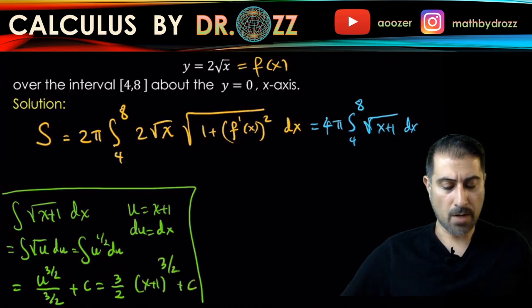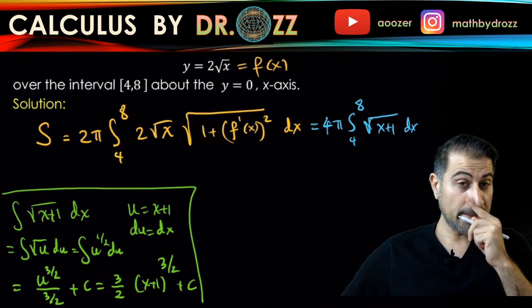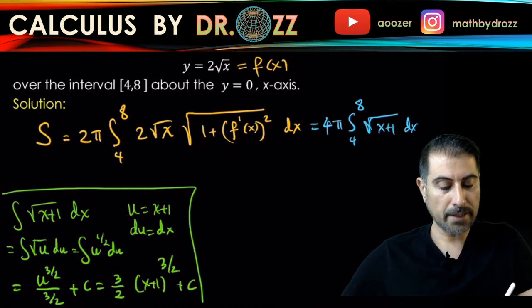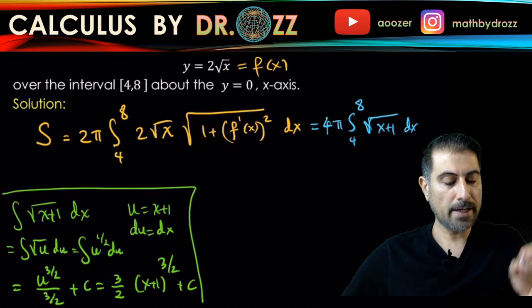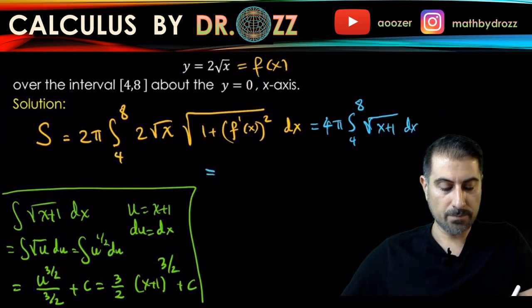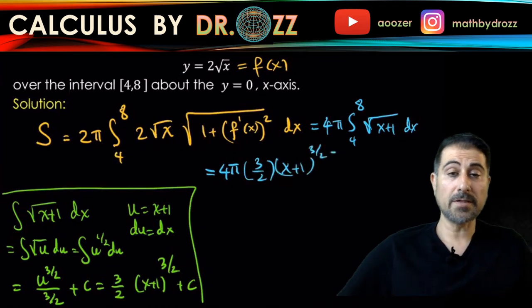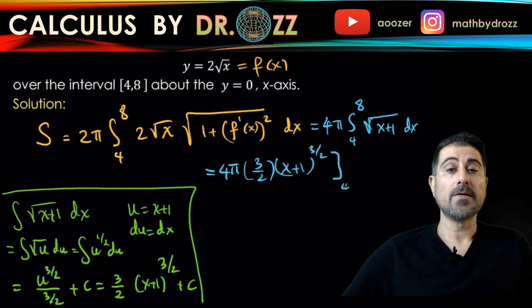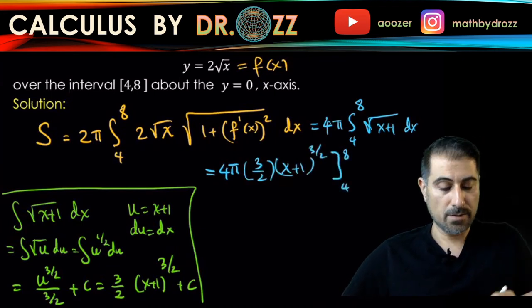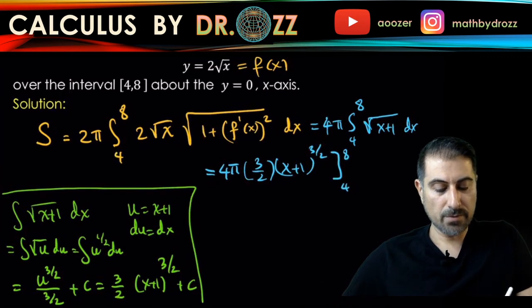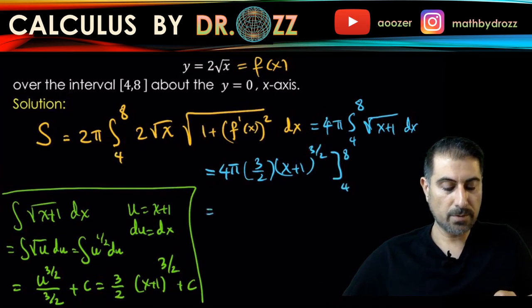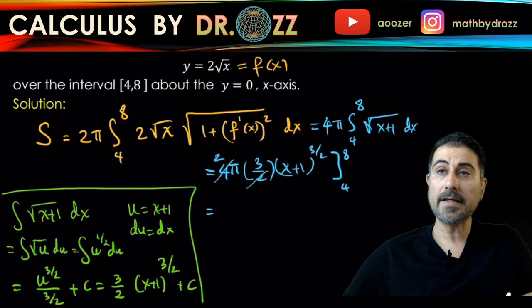So now we can use this antiderivative without c to evaluate the definite integral here. So I'm going to write 4 pi times 3 over 2, x plus 1 to the 3 halves from 4 to 8. We're using the first fundamental theorem of calculus to evaluate this integral.